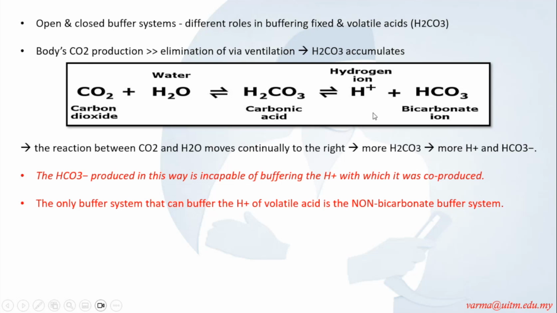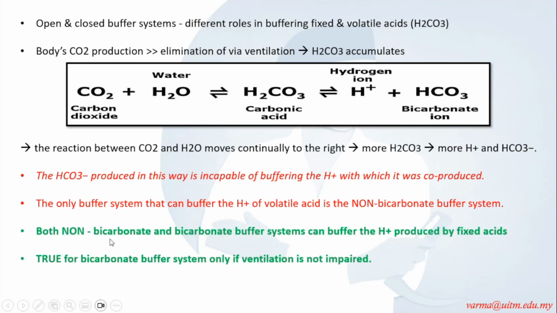So to buffer this H plus, which is produced secondary to respiratory pathology, we have to have the non-bicarbonate buffer system. The only buffer system that can buffer the H plus of volatile acid is the non-bicarbonate buffer system. That is the importance of having both bicarbonate and non-bicarbonate buffer systems, because the bicarbonate buffer system cannot self-buffer the hydrogen ion produced in the reaction.